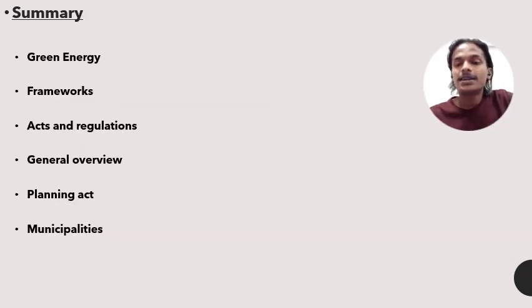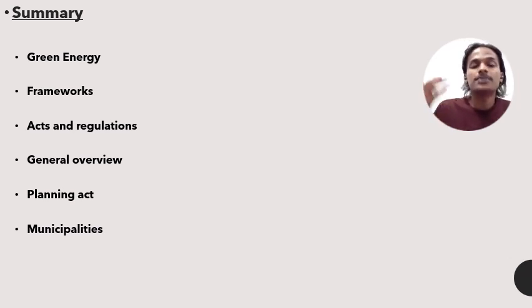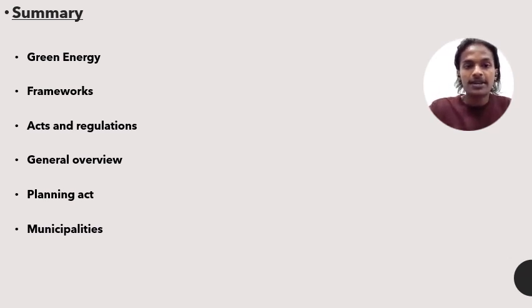So guys, as a summary, I will go through all of the slides which we have gone through now. We came across what green energy planning is, what it means. That means we are using renewable energy sources for more energy production, and what our Ontario government is doing for the betterment of this.